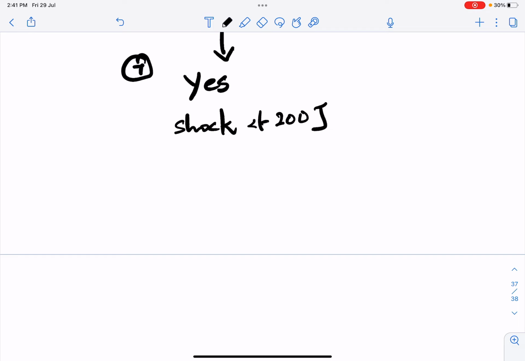Now, after the 3rd shock, we have defibrillated the patient 3 times with 200 joules. After our 3rd shock, of course, you have to continue your CPR for 2 minutes. But here comes our 2nd drug.